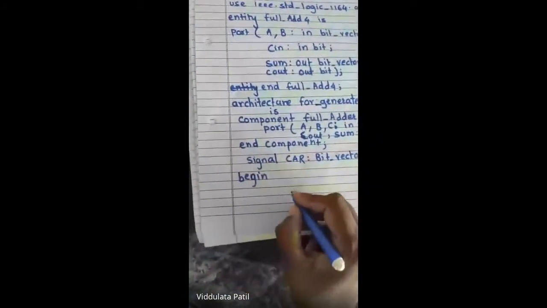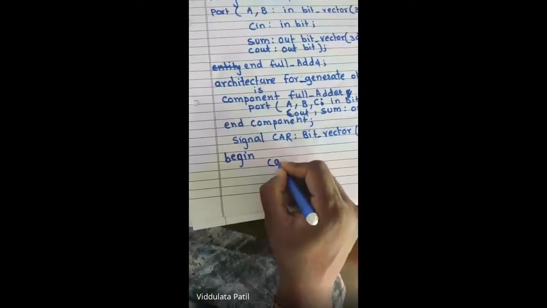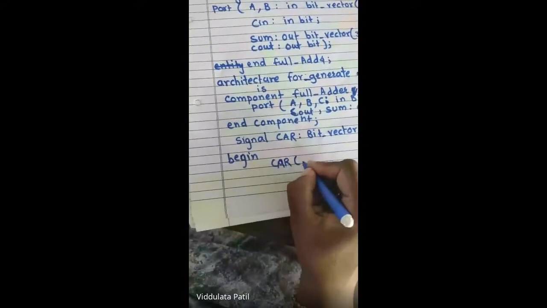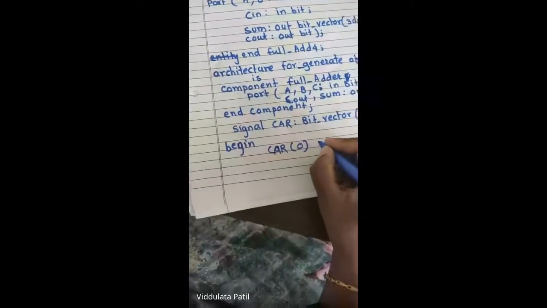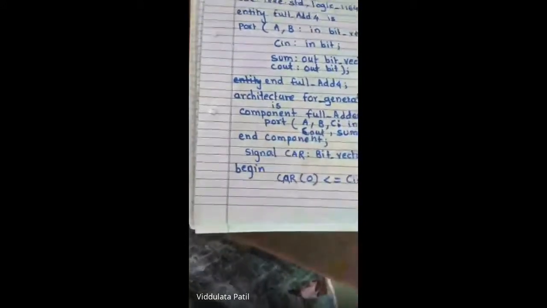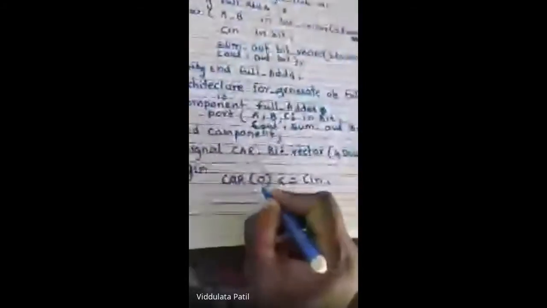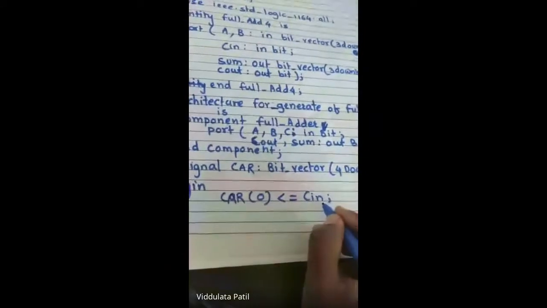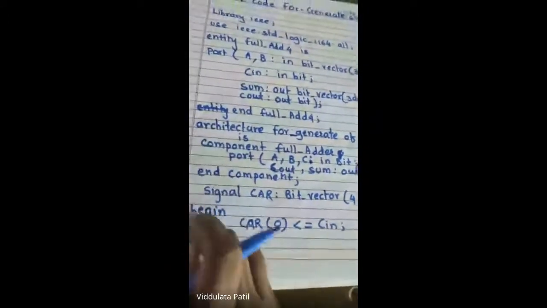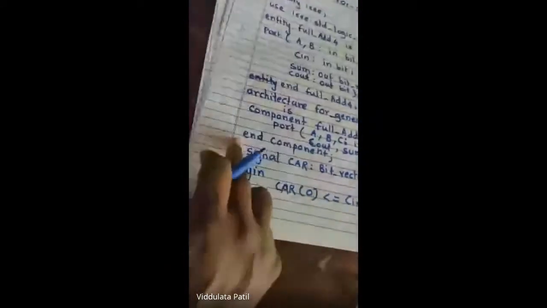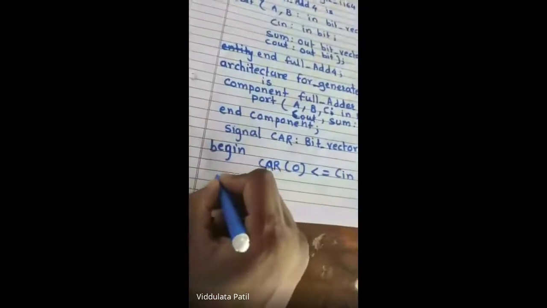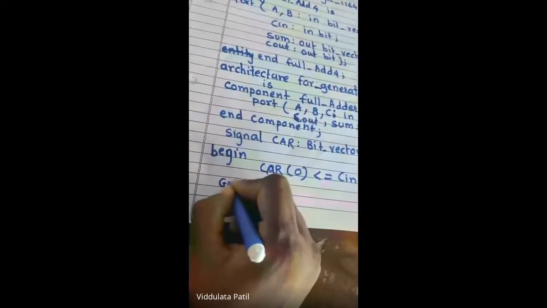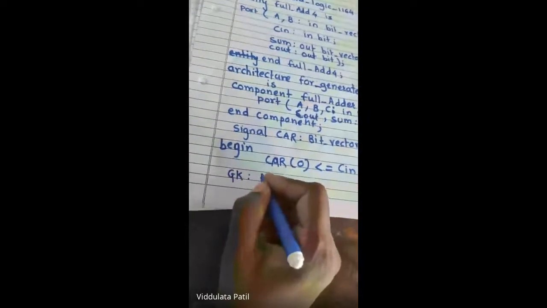First of all, we will assign car 0 to Cin. That means this signal car 0 will have the value which is equal to Cin. Then after that we are going to use a for generate loop. We will give the name to this loop as GK.